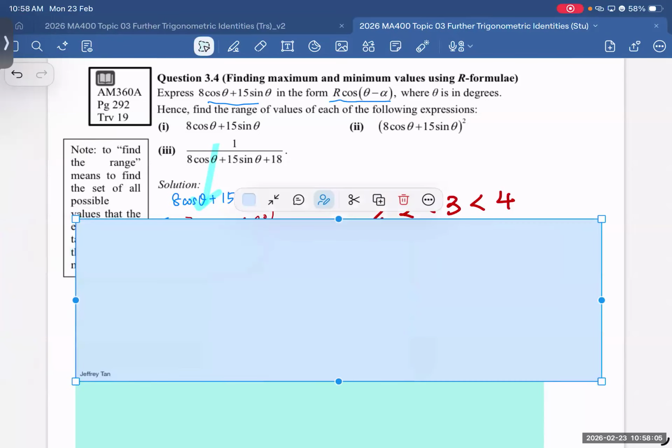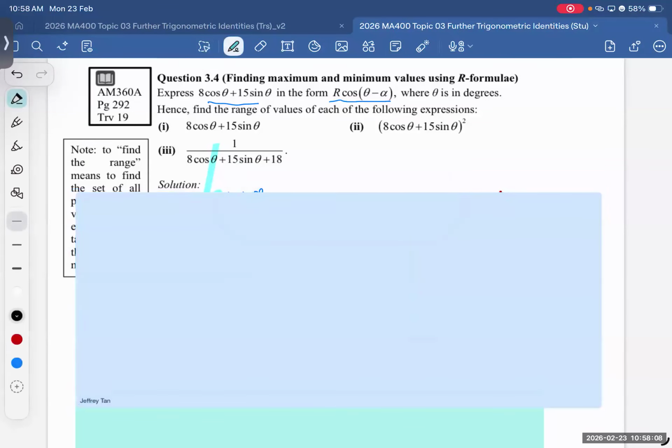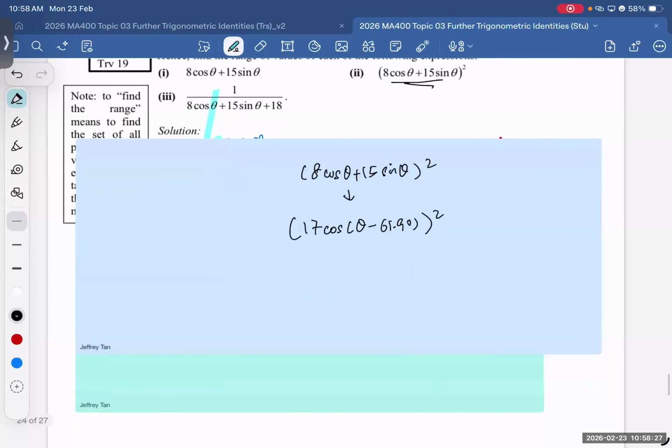Now, if I'm doing part 2, here, when you have 8 cosine theta plus 15 sine theta square, I will write this. This is like my 17 cosine theta minus 61.9 square. When you look at a square, it will never be negative.